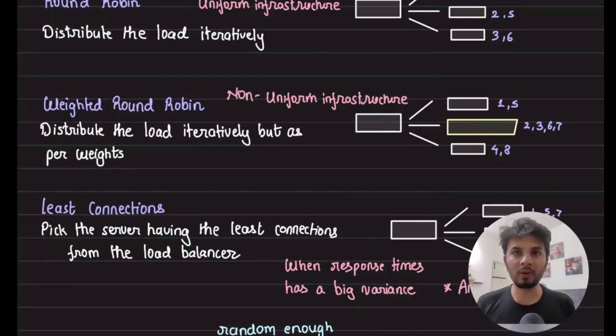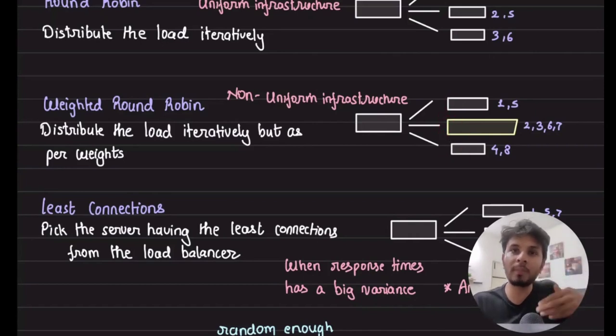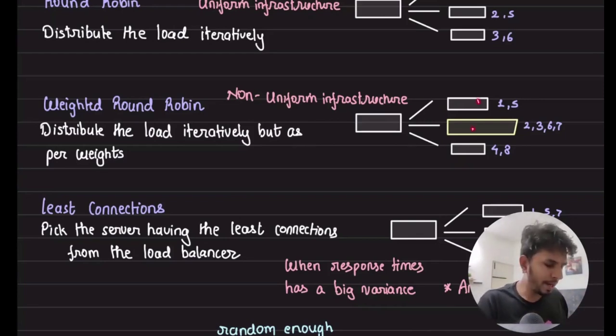In weighted round robin, let's say I have 3 servers: first server, second server, third server. The way I have provisioned them, the first server has 4 GB of RAM, the second server has 8 GB of RAM, and the third server has 4 GB of RAM. So my infrastructure is not uniform, which means if I do plain round robin, I would get 1, 2, 3, 4, 5, 6, 7, 8, 9.